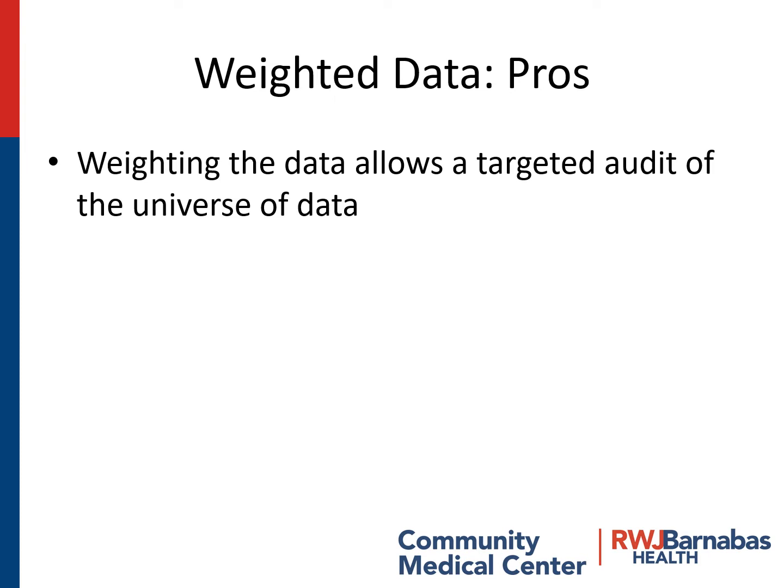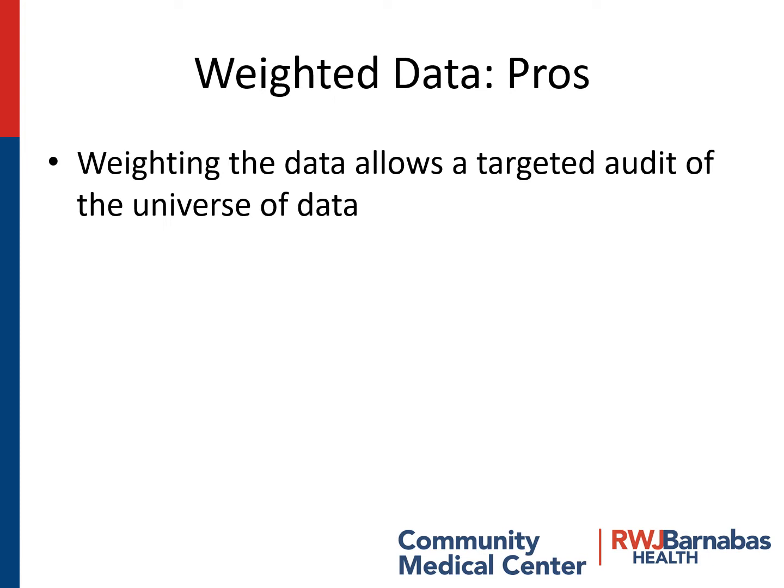Weighing the data allows the people who put it together to do a targeted audit of the universe of data, which, in fancy speak, means they don't have to actually abstract every ER visit, which was 150 million visits in 2019 per the data set.